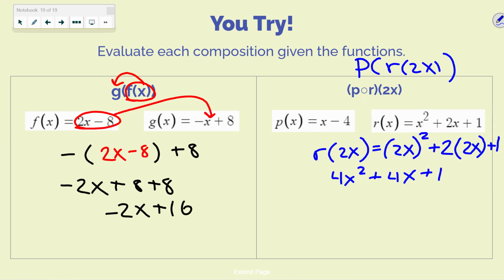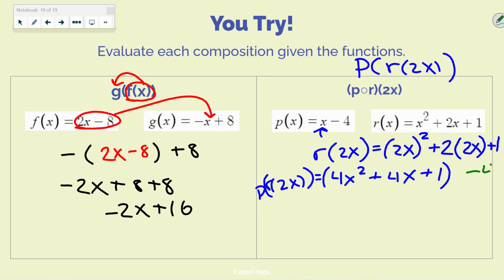So think about what does my problem say? P of R of 2x. I just did R of 2x. Now I want to take this and input it into the P function instead of x. Now what does my P function say? It says, hey, take R of 2x, which is this, and then what am I doing after?